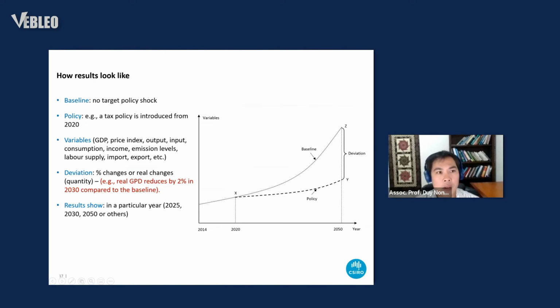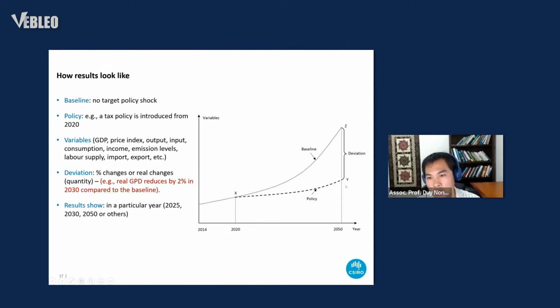So how do the results look in the CGE model? In the CGE model, in the resource model, we have the baseline like this, and we project the country economy, for example, from 2020 to 2050. The baseline has no target policy shock, business as usual, so the economy just grows as usual. And in the policy scenario, we have the tax policy in place.